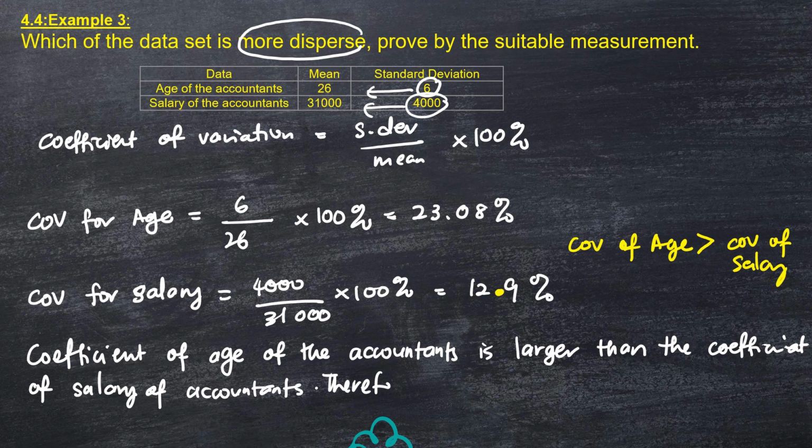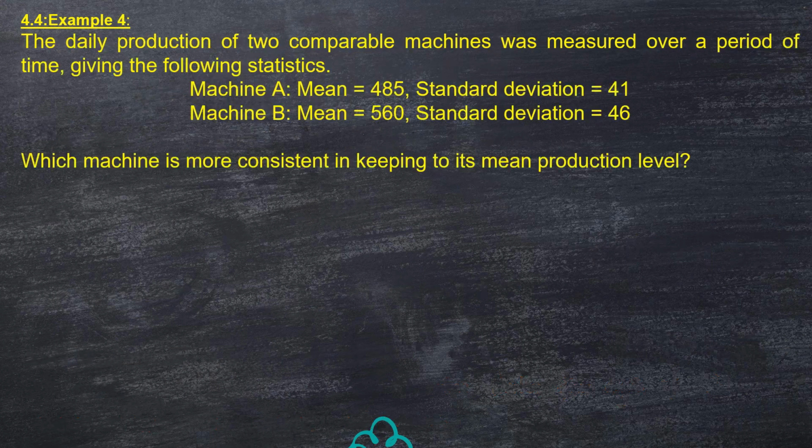Therefore, the data for age of the accountant is more dispersed. Alright? So very easy.